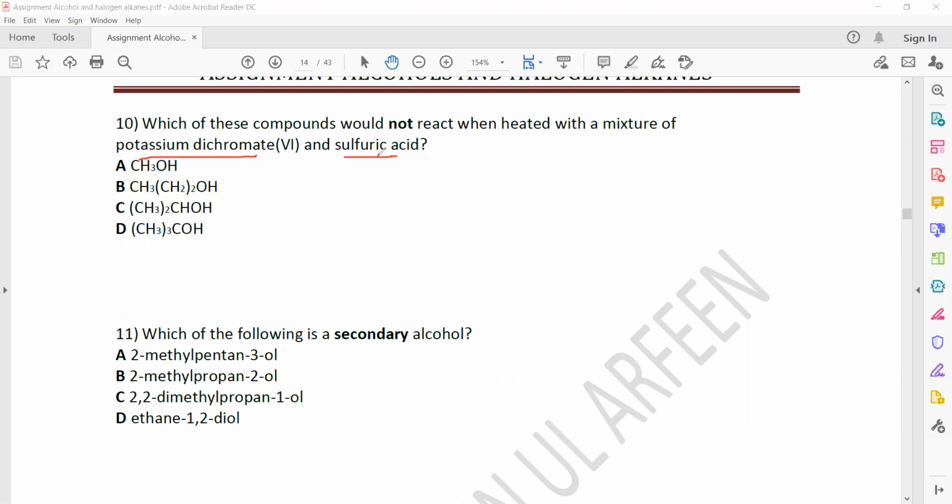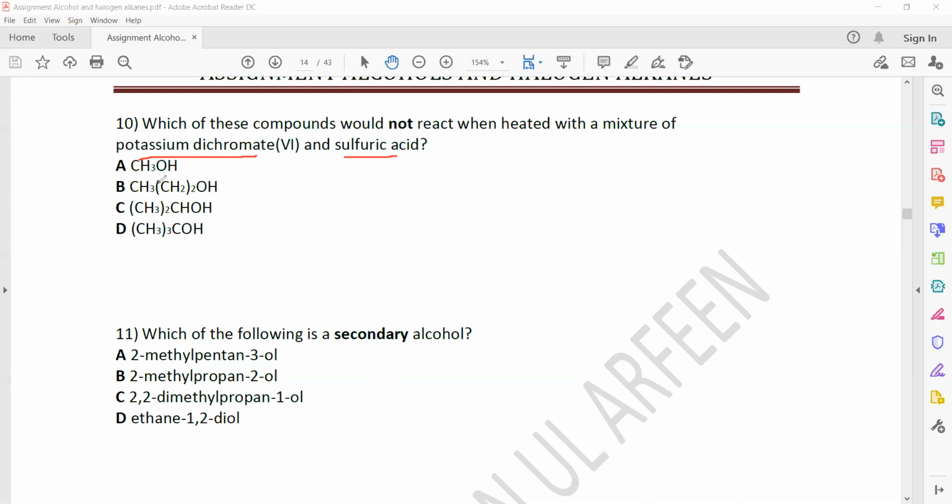Primary alcohol can be oxidized, first to aldehyde and then to carboxylic acid. Secondary alcohol can be oxidized to ketone, and tertiary alcohol cannot be oxidized. So which one of them is a tertiary alcohol?